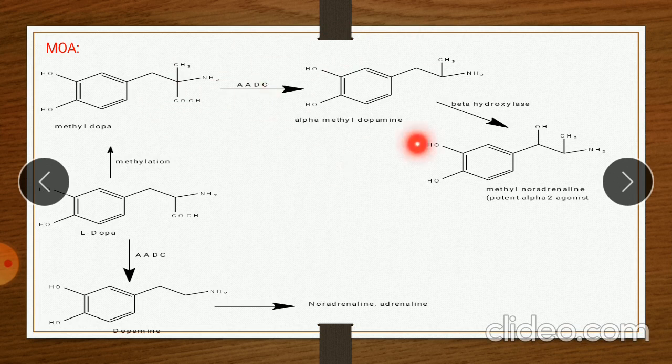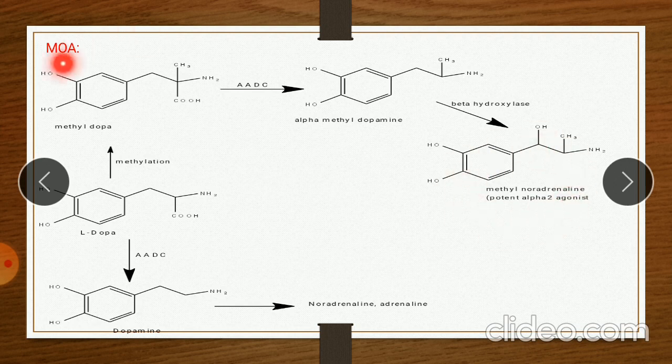This alpha-methyldopamine is then beta-hydroxylated by dopamine beta-hydroxylase to give alpha-methylnoradrenaline, which is a selective, potent alpha-2 agonist.